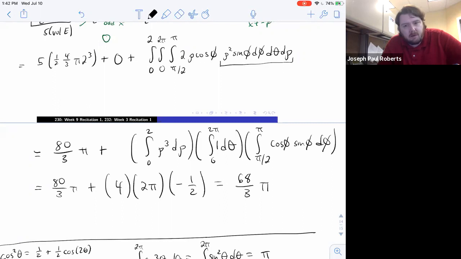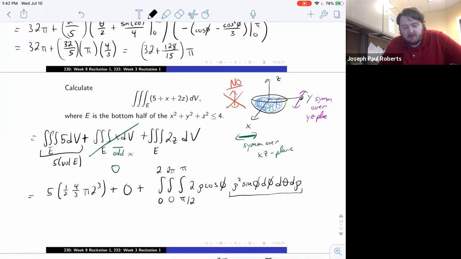I think that's why for regions where you have a choice between spherical and cylindrical, when you have a sphere involved, your bounds for cylindrical aren't that bad, but your z bounds will include r.